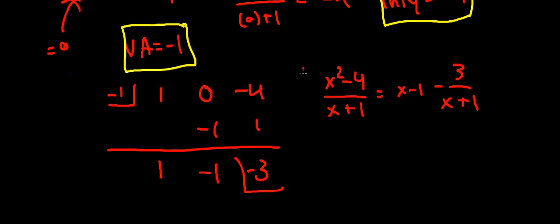So essentially what this function is, is x minus 1, but we have this remainder of 3 still divided by x plus 1. But when we're looking for asymptotes, we want to know what the function behaves like as x goes to infinity.